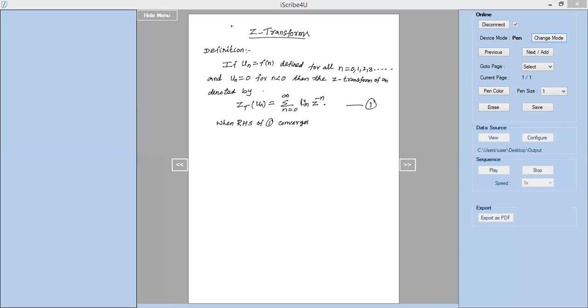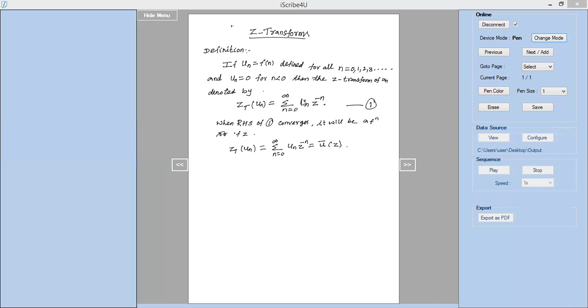When the RHS of equation 1 converges, it will be a function of z, and we write this Z transform of u_n equal to this one only. The summation of n equal to 0 to infinity converges now. When it converges, it becomes a function of one variable, which I'll write as u bar of z.